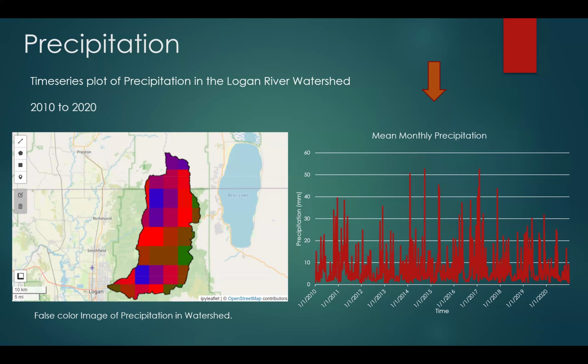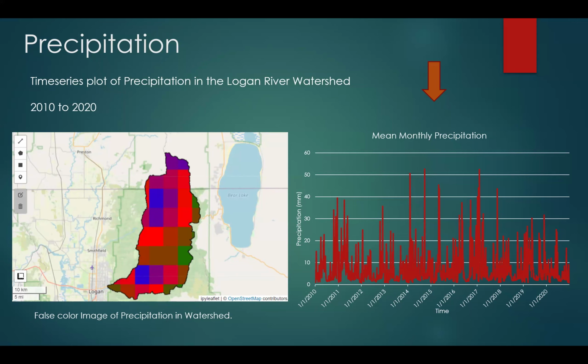I did some coding using the CHIRPS dataset to know the condition of the precipitation from January 2010 to December 2020. This is the false color of the precipitation in the watershed.